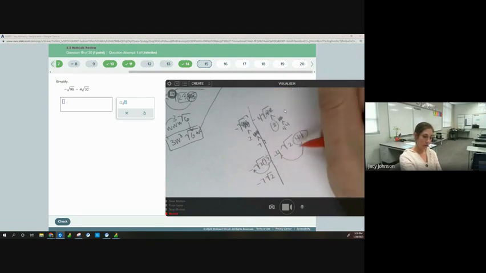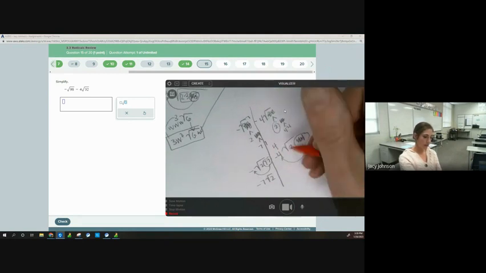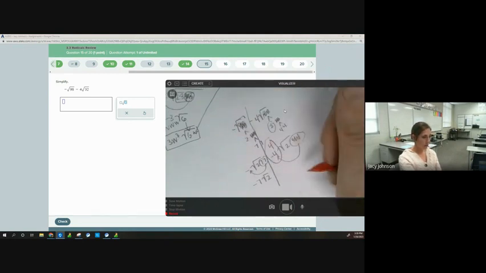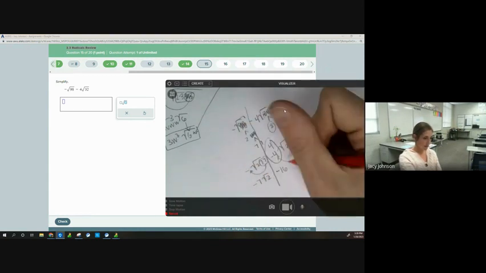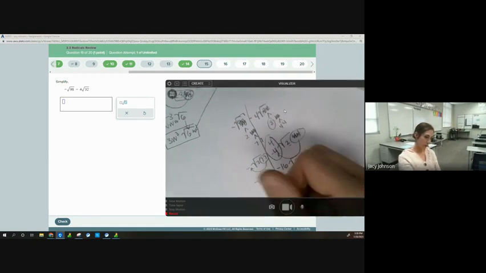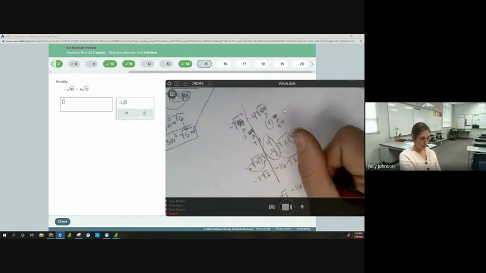So I'm going to pull a 4 out to join this other 4 that's already out there. Remember, I multiply those together. 4 times negative 4 is negative 16. Square root of, and you'll notice I have a little 2 on the inside. So I'm going to rewrite what I have, and you'll notice that the insides of my square roots are the same. They're matching.